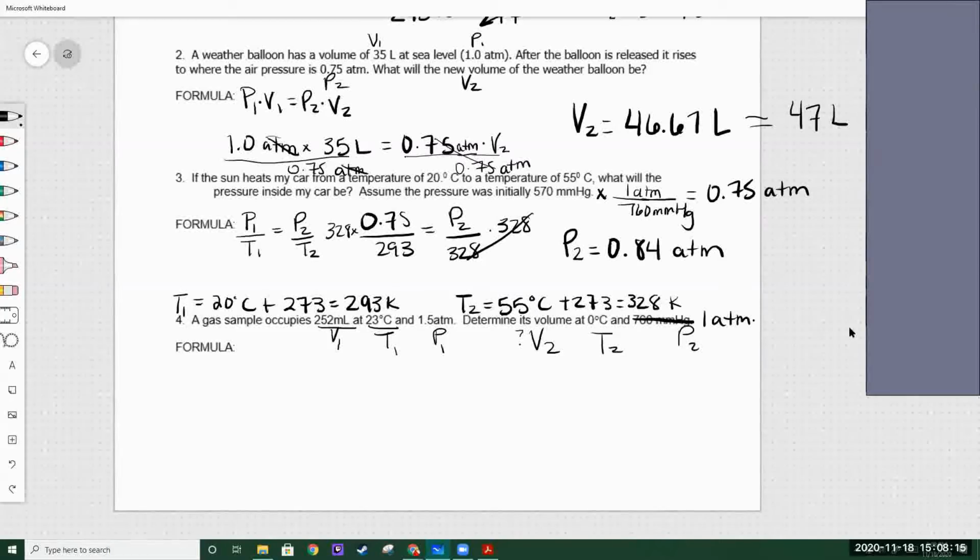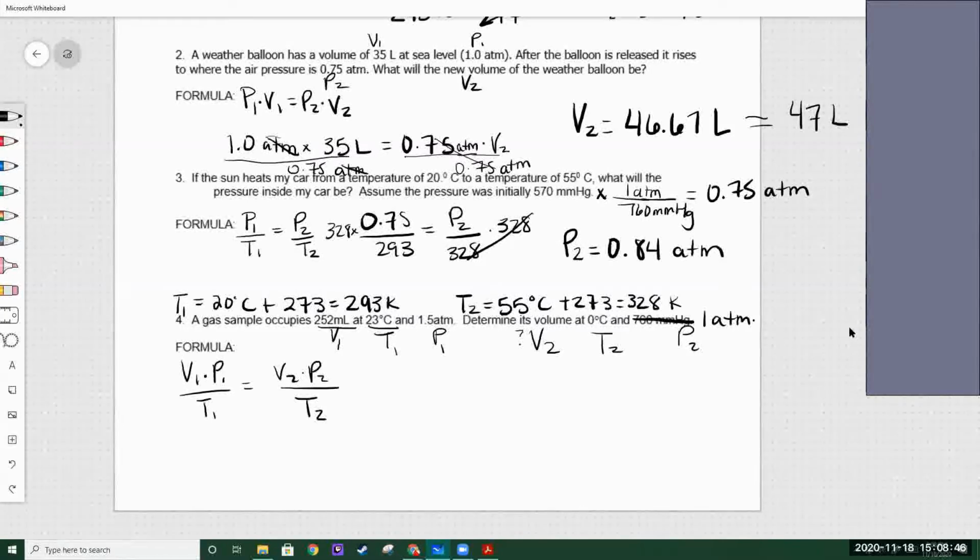So we would use the combined gas law. We'd have V1 times P1 over T1 is equal to V2 times P2 over T2. The only thing is I have to convert my temperatures, and with your volume, you could convert it to liters if you would want. I would get in the habit of doing that. You would just divide by 1,000.